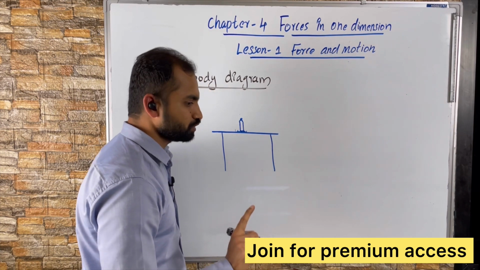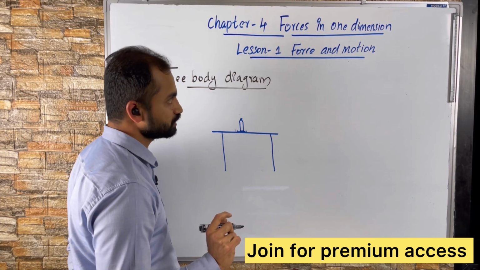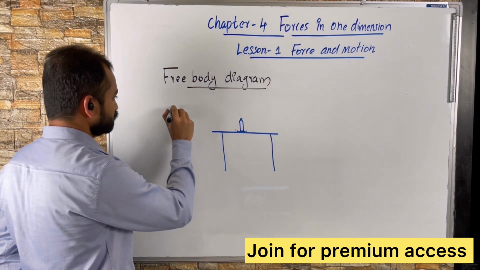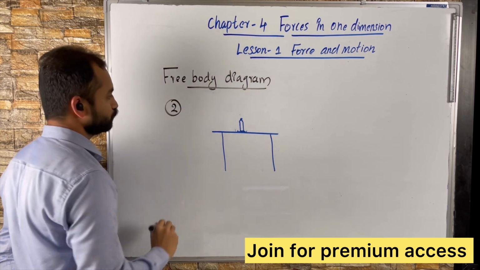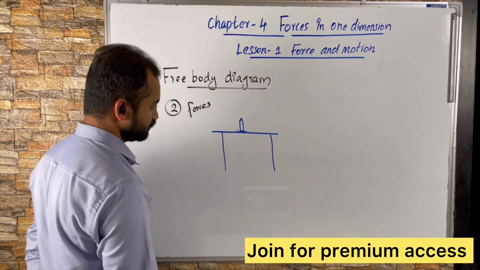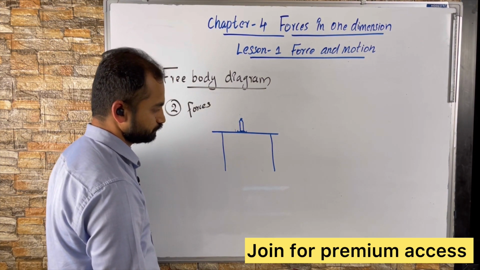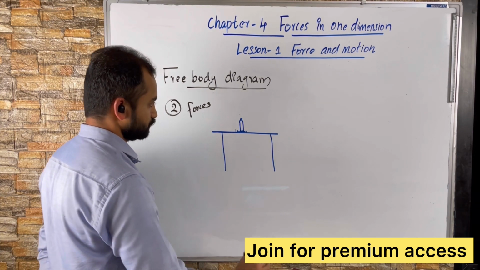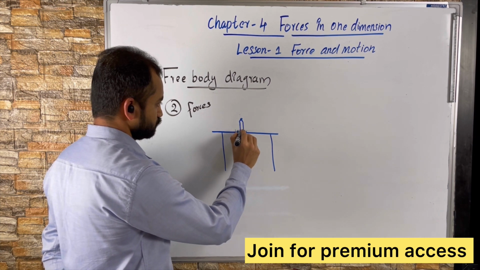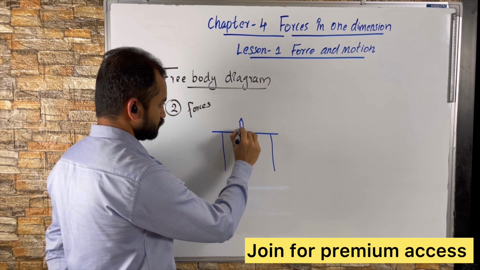How many forces will be acting on this water bottle? Can you tell? 2 forces. Very good. I was expecting that answer. 2 forces will be acting on the water bottle. Can you tell what are those 2 forces? Yeah, okay.